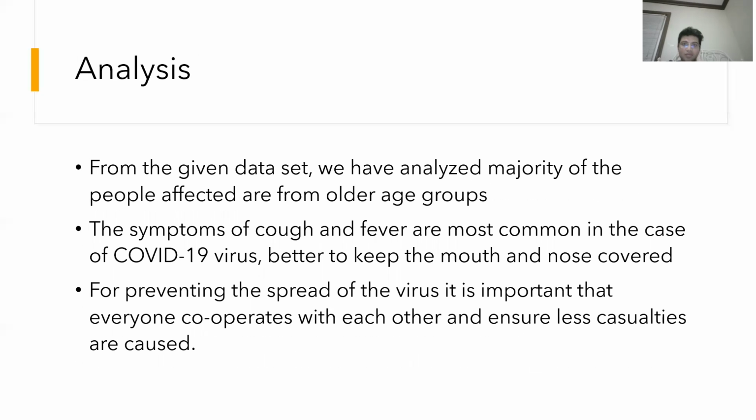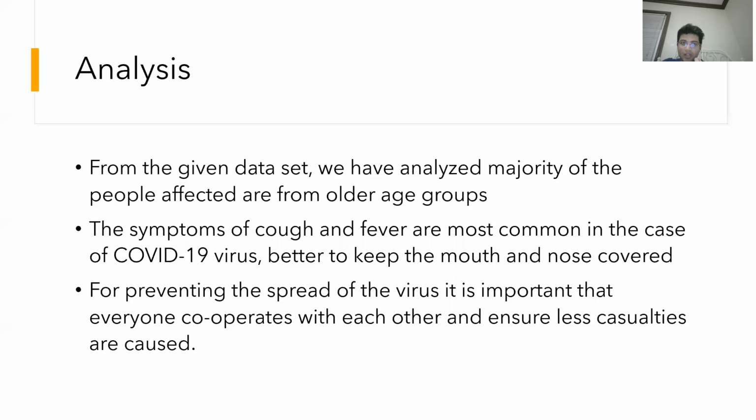Whereas the analysis which I conducted found that the majority of the affected people are from the older age groups, as I said, who don't have much immune power, and due to health problems the recovery rate is also low.